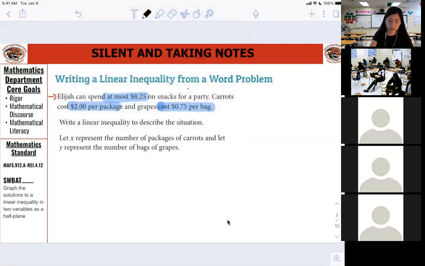What I want you guys to do at home or at school in your notebooks is just write down this word problem, just the situation, just that part. And then together we'll go through it and we'll write our inequality out of that. So take a couple seconds, just write the actual problem.